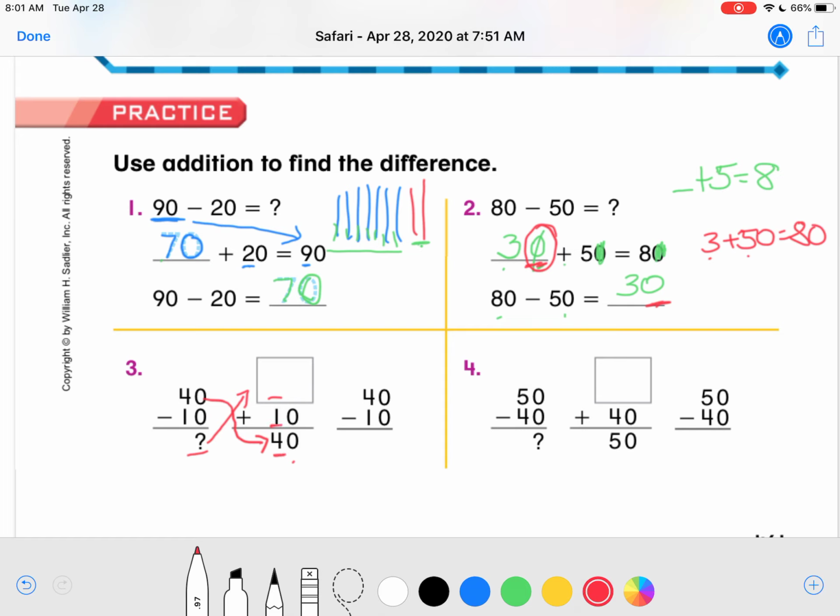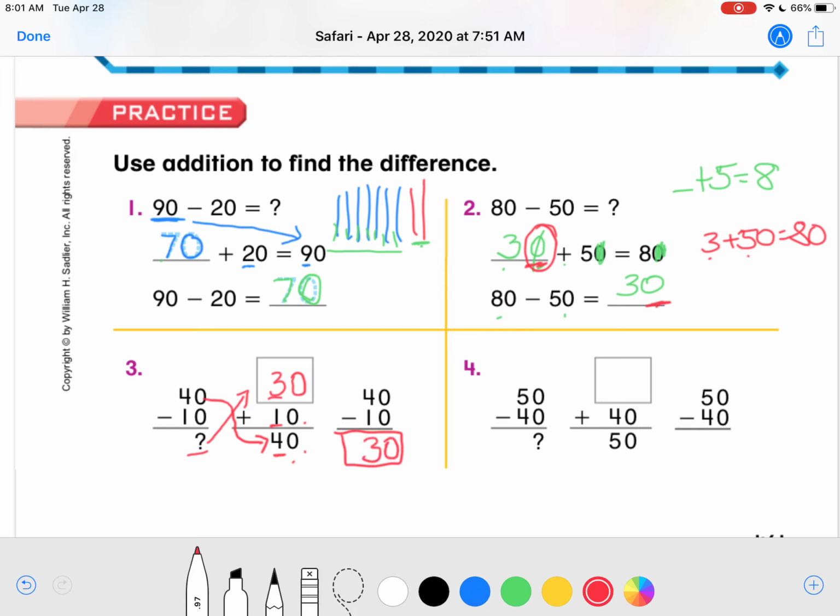What plus 1 equals 4? 3. So I'm going to put a 3 right here. Go ahead and add my 0. 30 plus 10 equals 40. And now I'm going to put the answer one more time right here on the page. So that means that 40 take away 10 equals 30.